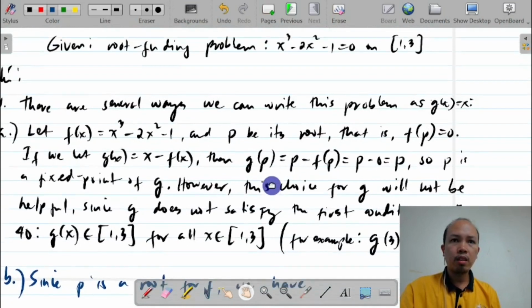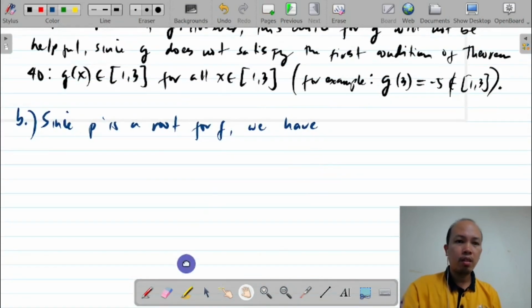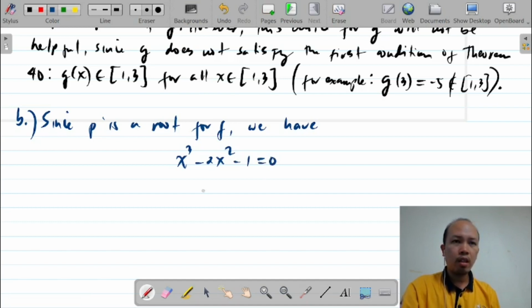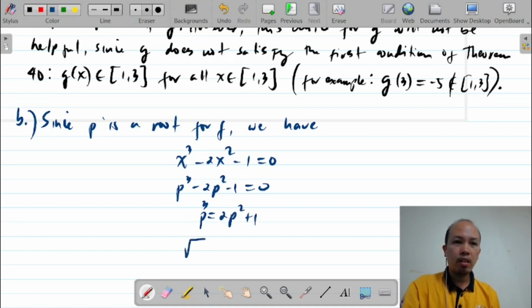Recall this one here: x cubed minus 2x squared minus 1 is equal to 0, and replace x by p since this is a root. p cubed minus 2p squared minus 1 is equal to 0, and write it this way: p cubed equals 2p squared plus 1, and then take the cube root of both sides.